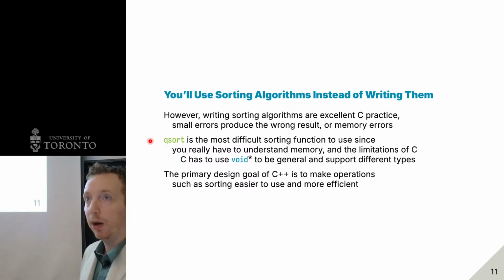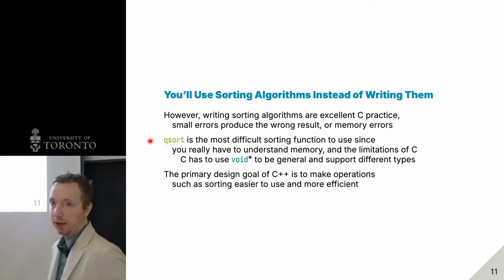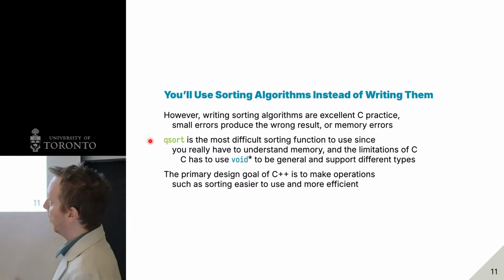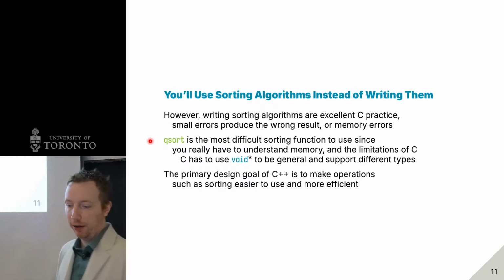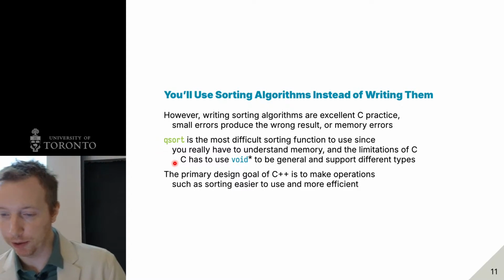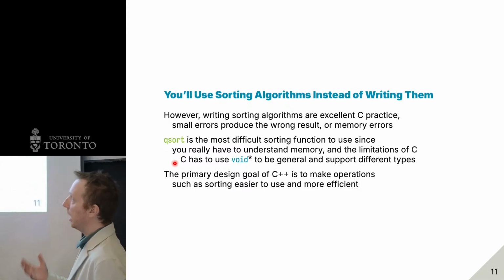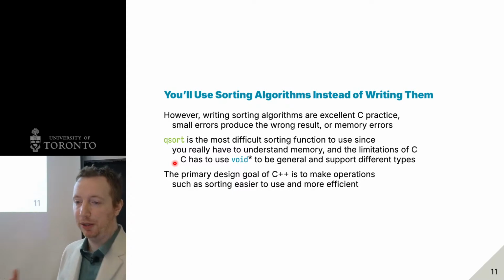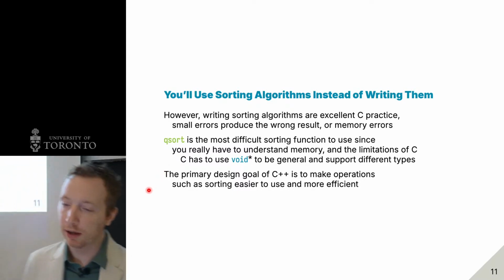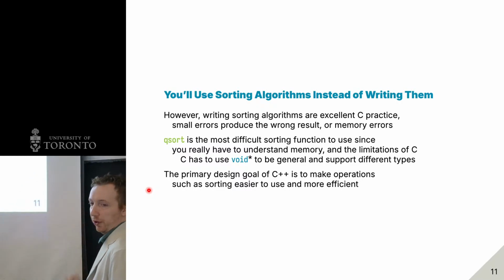That is why we use C in this course, because you'll be doing hardware in 243, so you actually understand how programming works. This is as painful as sorting will get for you, because C has to use void star to be general and support pointing to a whole bunch of different types. In 244, you'll use C++.